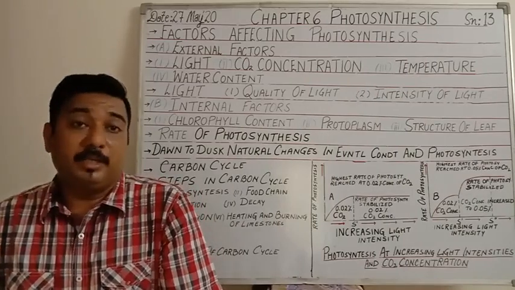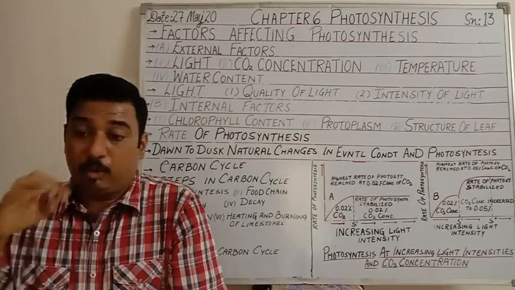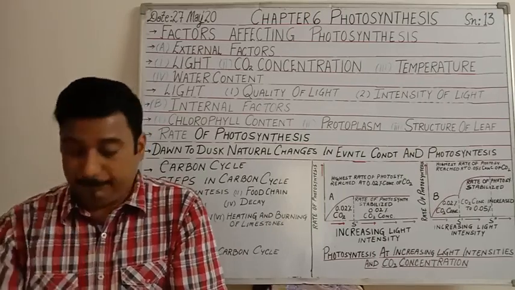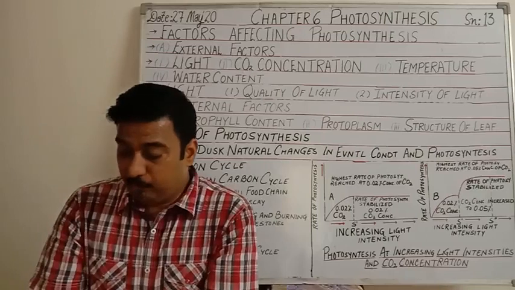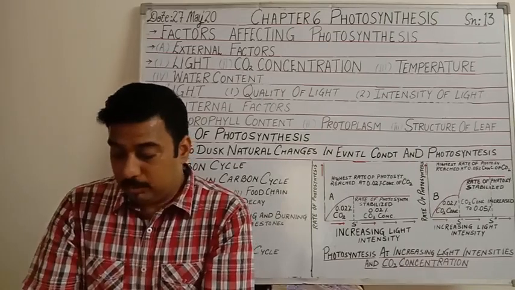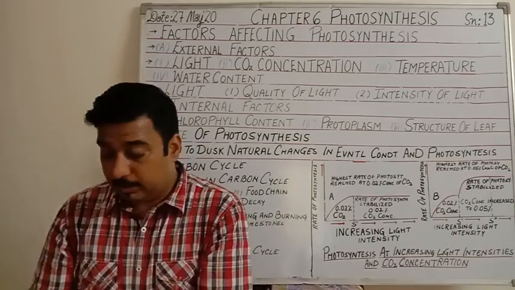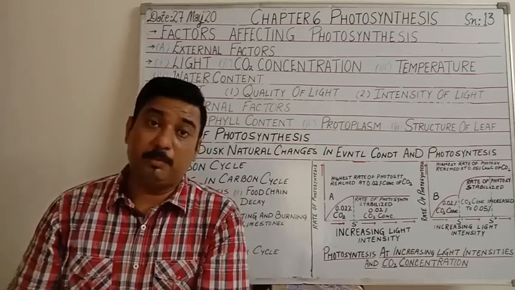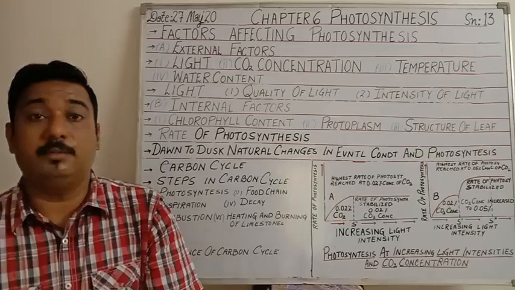One more very important thing: out of whatever amount of water is absorbed by the roots, only 1% is utilized, and the rest of it is excreted out by the process of transpiration.